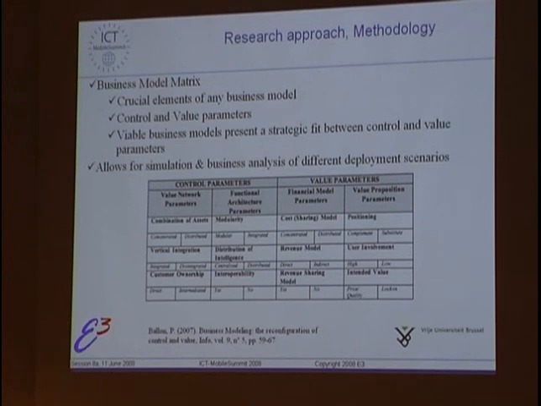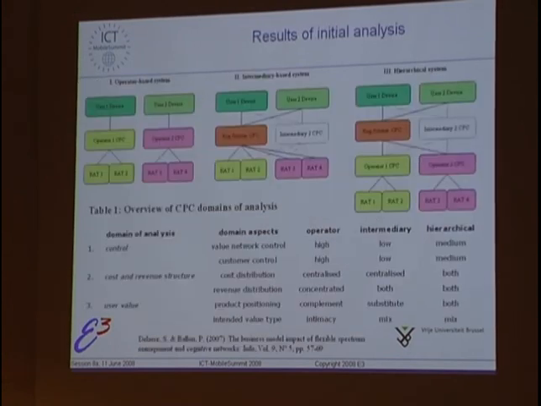So you see varying components, such as the way in which the revenues are shared, the way in which the costs are shared, the way in which the user is involved, what it means for the interoperability of the system, for the modularity, and so on. And our theory there is that there needs to be a strategic fit between all these components for a business model to work. So these are the 3 deployment types that we discerned.